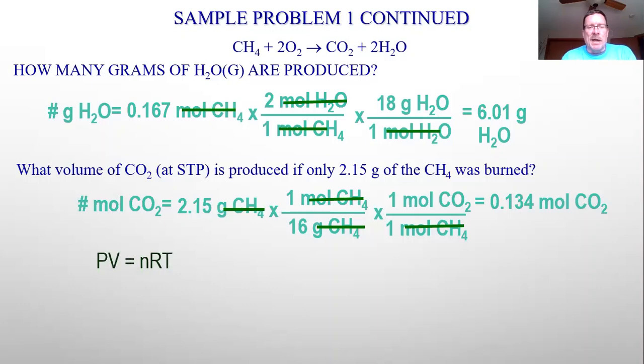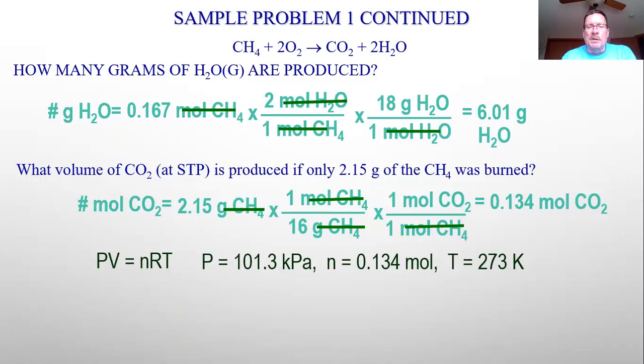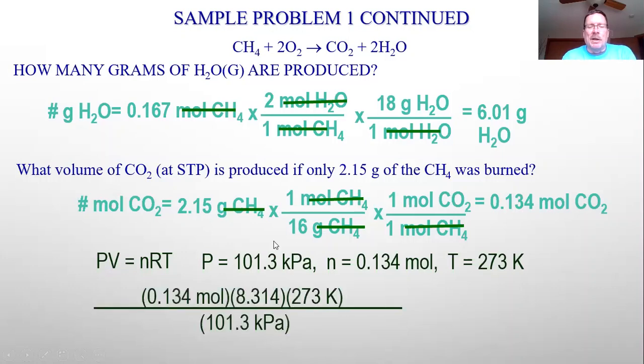So there's my ideal gas equation. There's my values, 101.3 kPa. My moles I just found, the temperature. These are both standard temperature values as we've talked about before. And now I plug into the ideal gas equation and solve for the volume. So again, if I rearrange this, the volume is nRT over P. I plug in all my values.